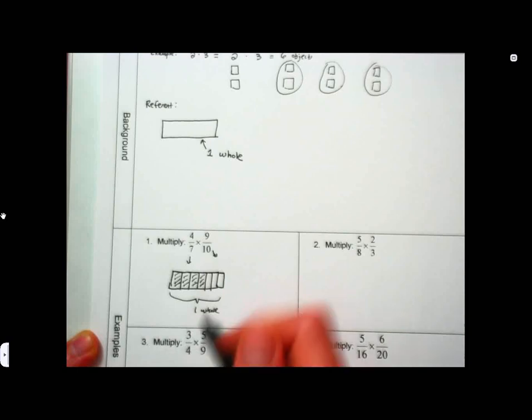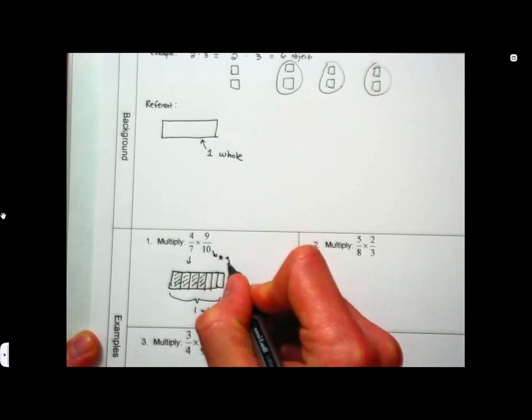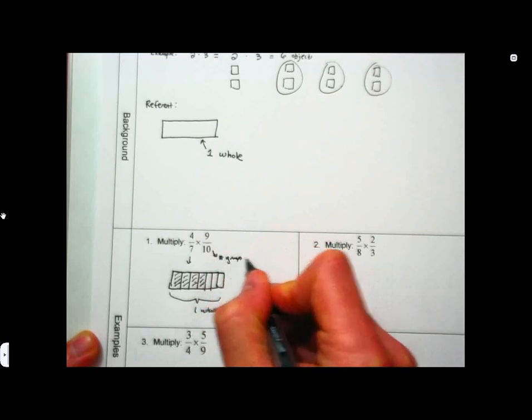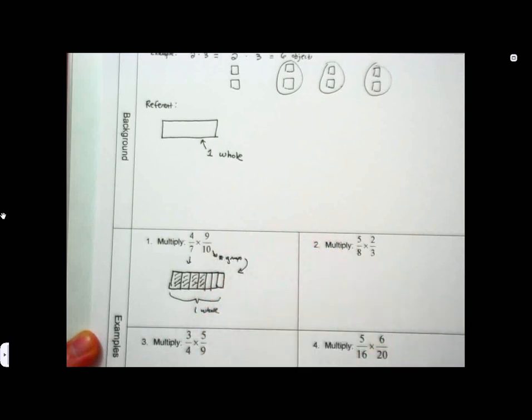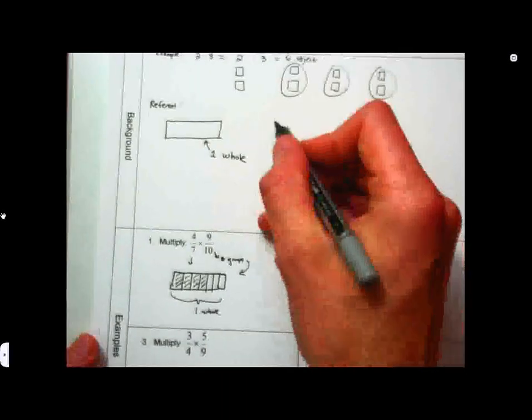What it represents is really the number of groups of this particular set of objects that I have. So when I'm doing multiplication, it's actually a 2-step process, and it's kind of nice. So let's take a look at this particular example.